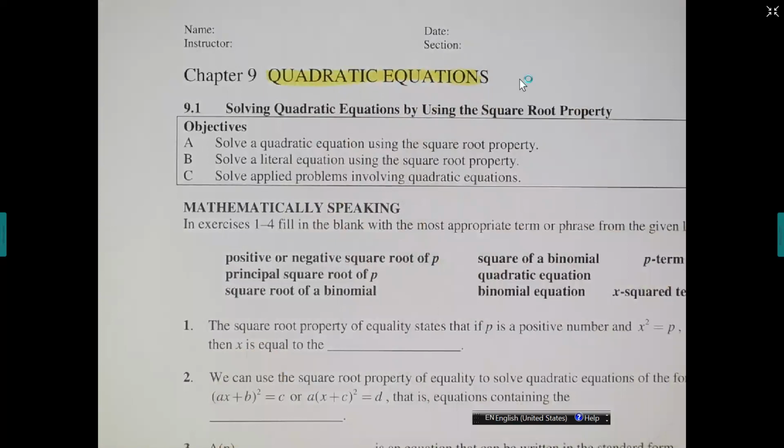But the quadratic equations we saw then in chapter 6 are actually special quadratic equations. Why? Because we were able to factor the left side of the equation when we had 0 on the right. Then we use what we learned in chapter 6. We factor the equation, and then we are able to get the two solutions.